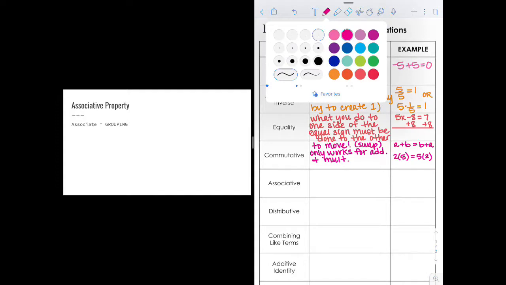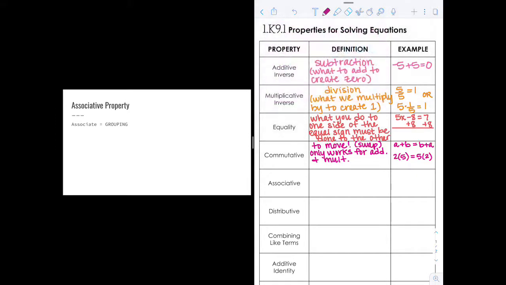Next is the associative property. This is all about grouping. Okay, so remember, who you associate with is your group of people. Okay, so always think of grouping when you think of this. What this tells us is that it doesn't matter how we group the numbers, telling us what to calculate first, okay?